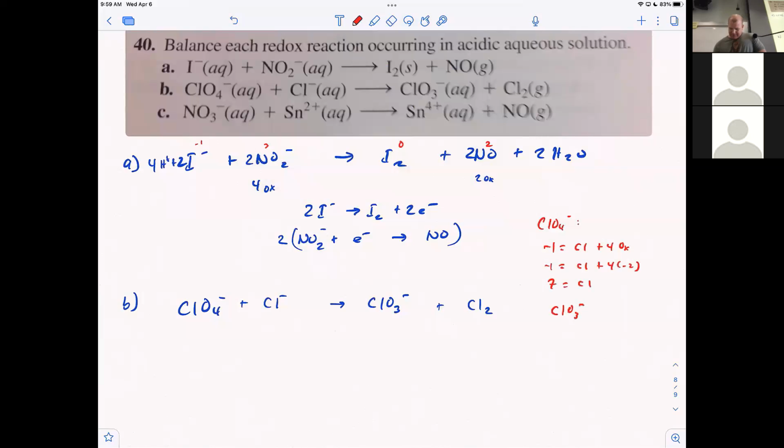For ClO3 minus, -1 is chlorine plus 3 times oxygen. -1 is chlorine plus 3 times -2, so 5 is chlorine. So this is +7 and +5.